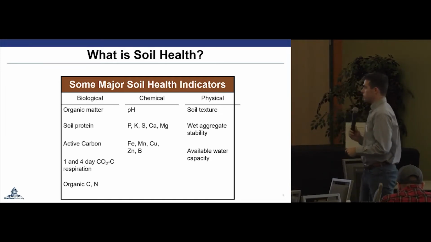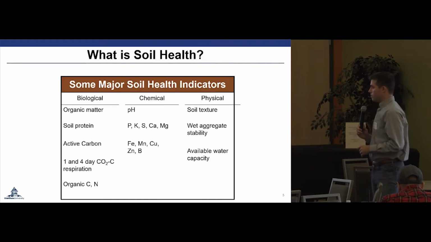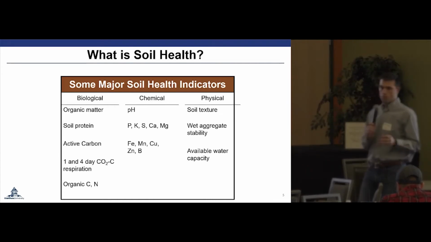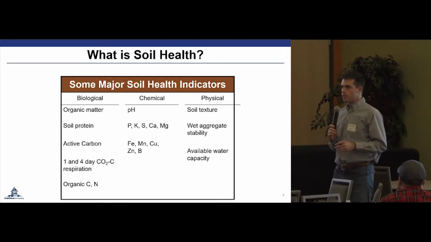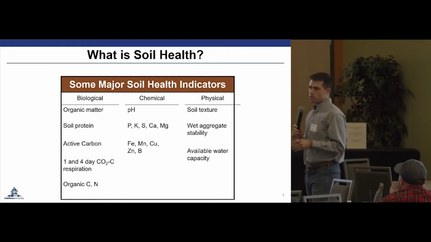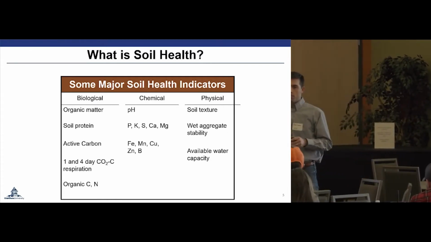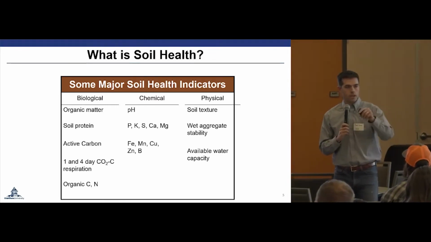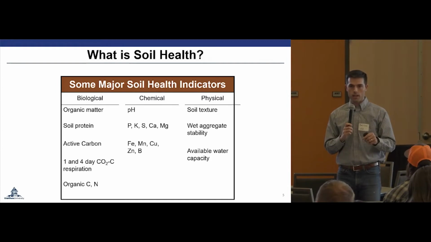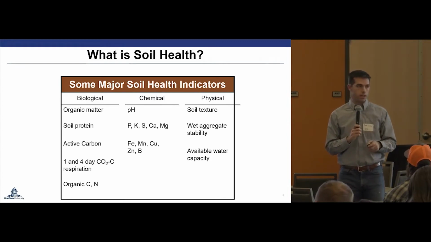So we can measure the organic matter, we can measure the organic nitrogen and carbon as an indication of the nutrient cycling functionality. Each of these things that are indicating soil health is something that we get a lab value for, and then hopefully we can try and understand something about the total system from that.